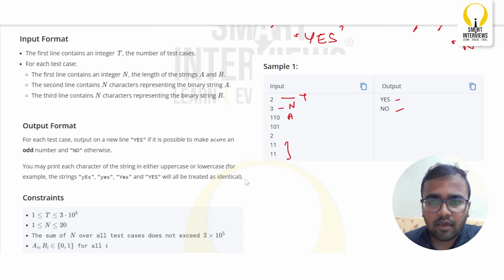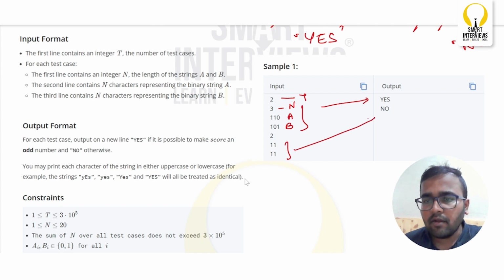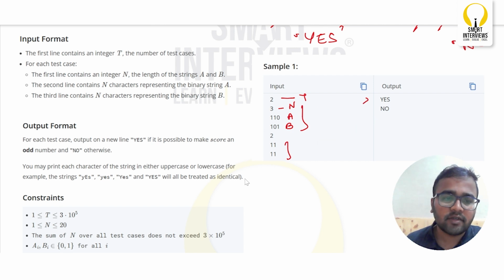The third line contains b. This is the input format. For the output format, for each test case, output a new line with yes if it is possible to make the score an odd number, and no otherwise. So the output is of size 2 because the number of test cases is 2. For every test case, you are either printing yes or no. So this is a sample input and sample output.